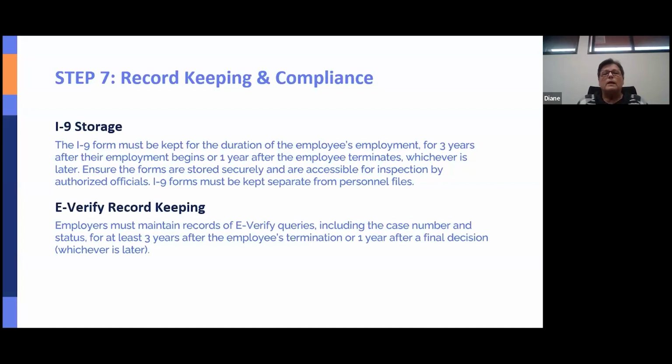So what we recommend is getting reminders and keeping the I-9 form and the confirmation form from the E-Verify system together, and keeping that information in a binder. That way, if any government officials come knocking and want to see that information, you're not pulling it out of the employee files, because once they see that, they can then ask for other information. So we want to keep that separate.